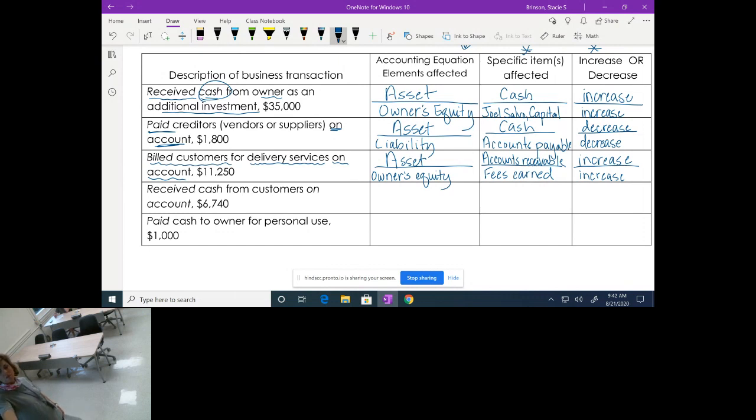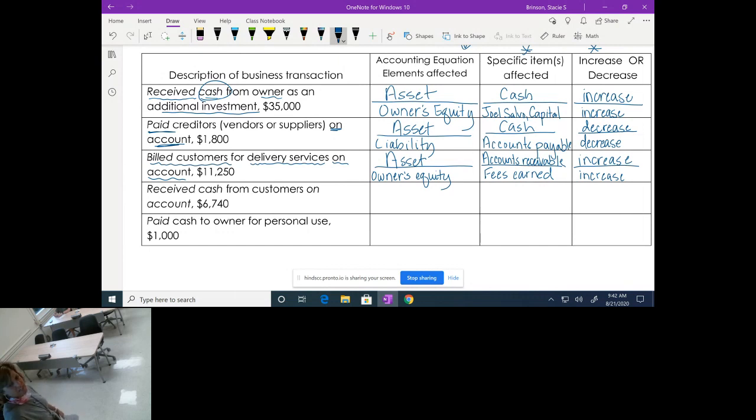We're very different. Okay, received cash from customers on account. So what's happening here? These customers charged something at some point. They're paying now on their accounts receivable. So if we're getting money, let's break it down.